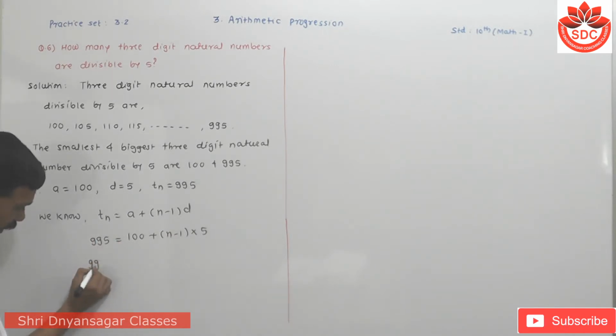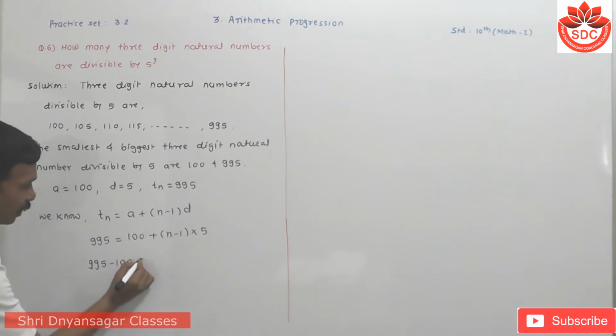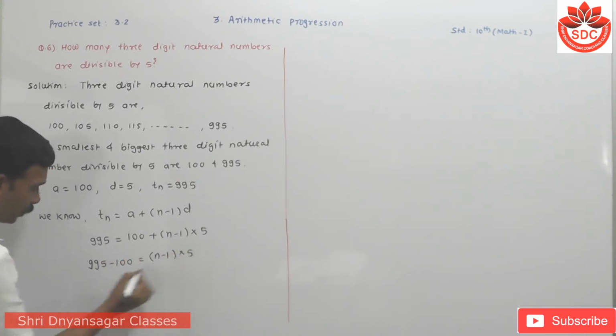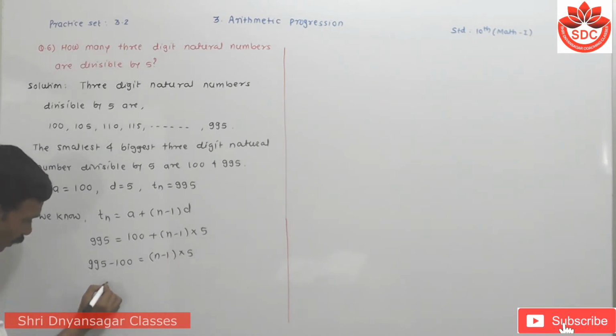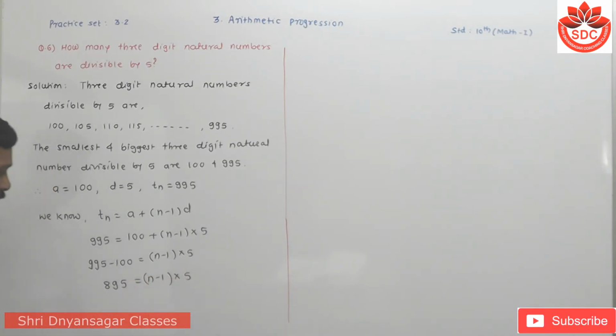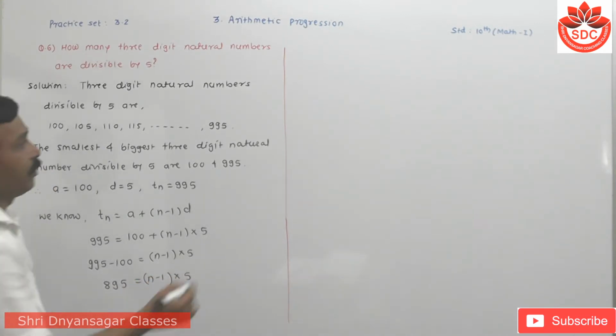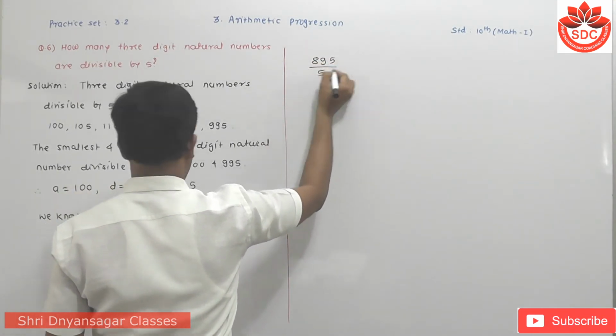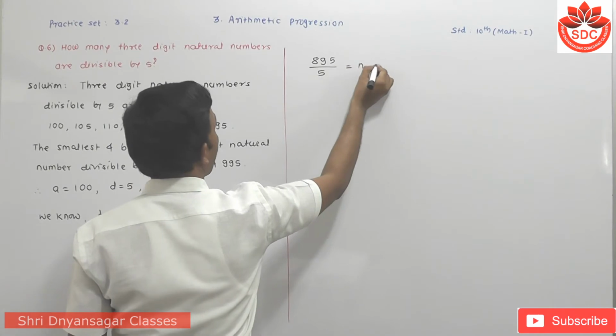This transfers to the other side. We get 995 minus 100 is equal to n minus 1 into 5. The subtraction becomes 895 equals n minus 1 into 5. Again this 5 goes to the denominator, so 895 upon 5 is equal to n minus 1.